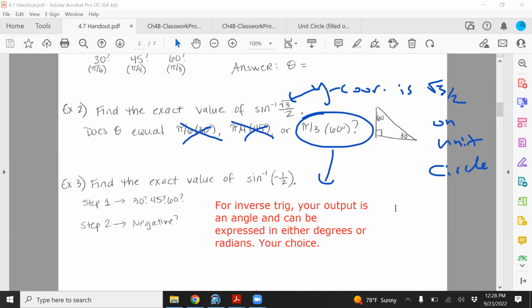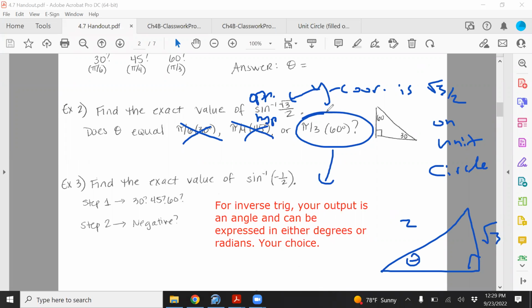And remember, the input is the coordinates on the unit circle or the ratio of sides. If you wanted to use a right triangle setup, that's your opposite over your hypotenuse. So if I were to draw a right triangle here, my opposite is √3 and my hypotenuse is 2.